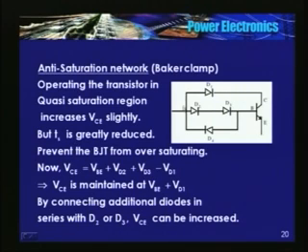I will explain to you the function of each diode. See, the advantage of operating the transistor in quasi-saturation is that VCE increases slightly, but the storage time reduces significantly. There is a great reduction in TS, the storage time.